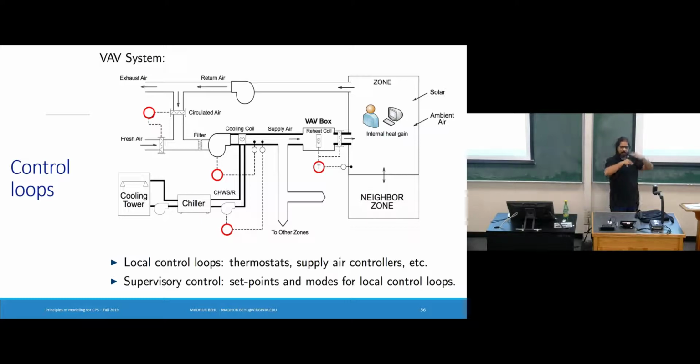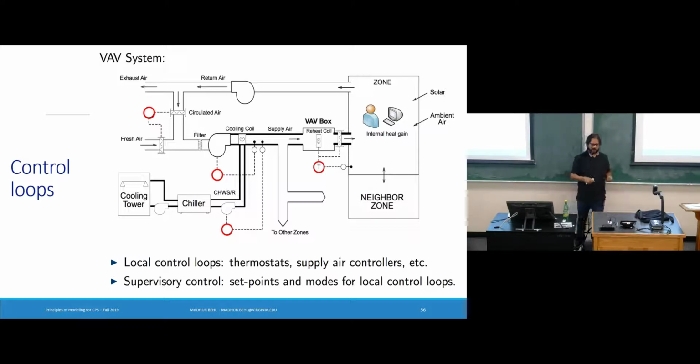And it's going to look at the mismatch and see whether the room is too cold or too warm compared to your preference. And based on that, it's going to locally adjust these reheat actions or the valves to make sure that the room temperature is close to the desired set point.